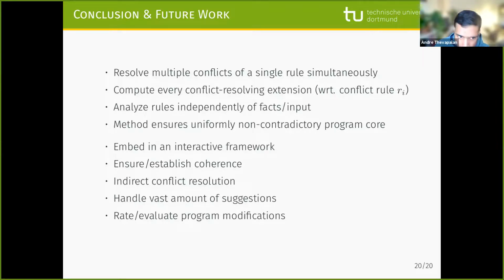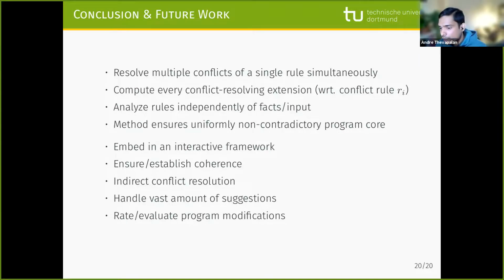And this is a key part for a bigger interactive framework where, when we update the program, we want to analyze the program and show the user, the knowledge expert, where the conflicts are.